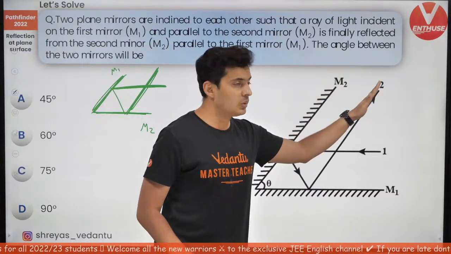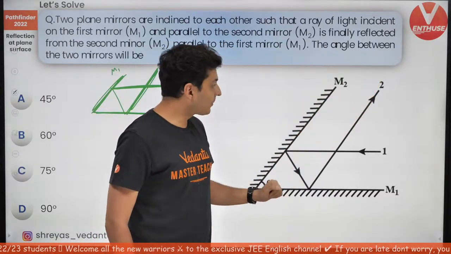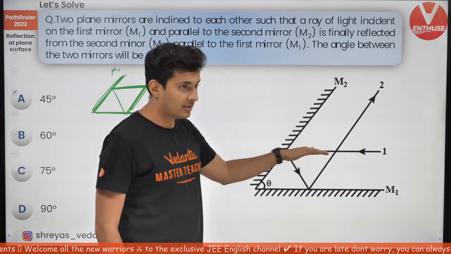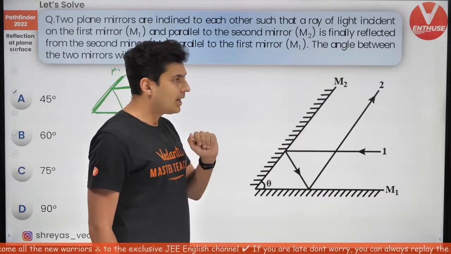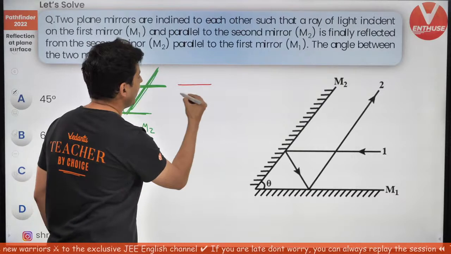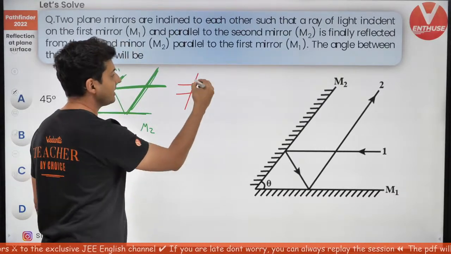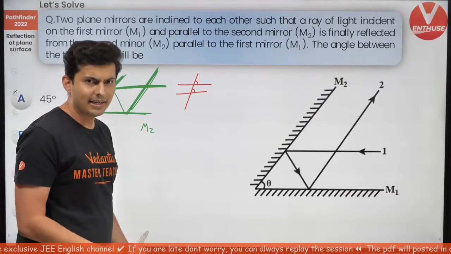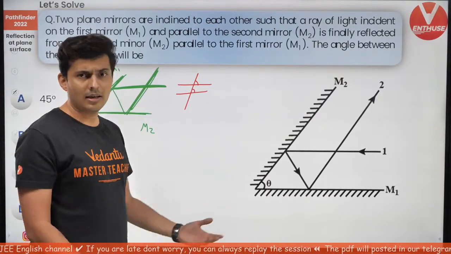M2 is parallel to the second reflected ray. M1 is parallel to the first incident ray. Correct? And whenever we have parallel lines and a line which is intersecting, these two angles are equal, right? You have studied that back in 9th or 8th grade.